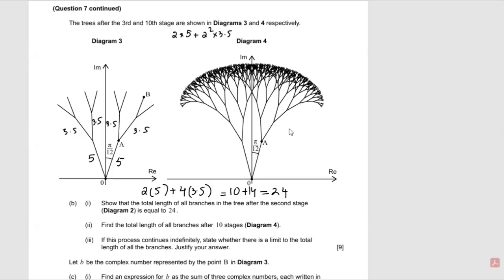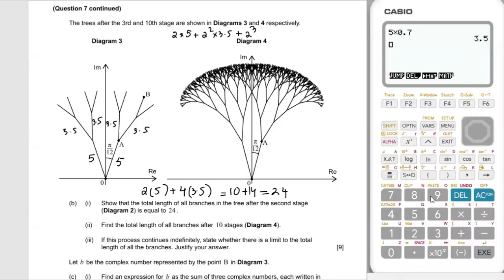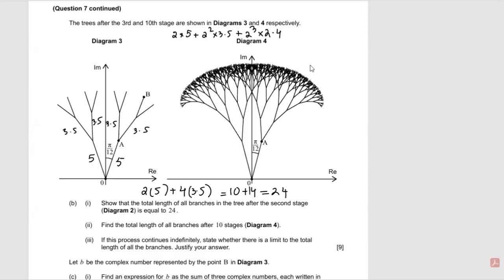Now what just happened? I doubled it. 2 squared is 4, right? Then it's going to be 2 raised to power 3, because it's 1, 2, 3, 4, 5, 6, 7, 8. And I can show you what's going on. So if I do 3.5 times 0.7, that's going to be 2.45, times 8.